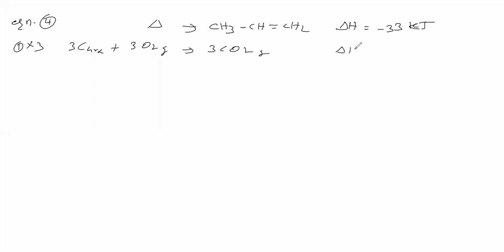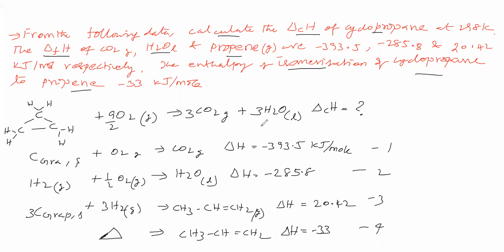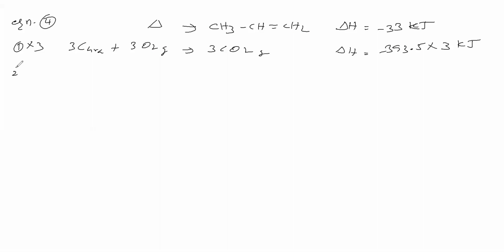Delta H is minus 393.5 kilojoule for 1 mole, so for 3 moles we multiply by 3. Then we want 3 times water. Water is available in equation 2, so we multiply equation 2 by 3. Therefore, we get 3 times H2 gas, 3 by 2 O2 gas gives 3 times H2O liquid.